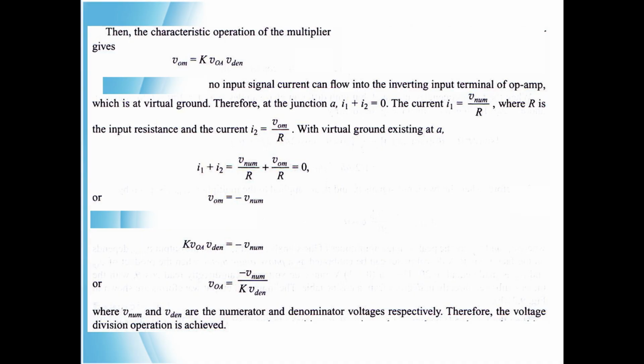So this you can write K VOA into Vden equal to minus Vnum, or from this, the output voltage VOA is equal to minus Vnum divided by K Vden, where Vnum and Vden are the numerator and denominator voltages respectively. Therefore, the voltage division operation is achieved.